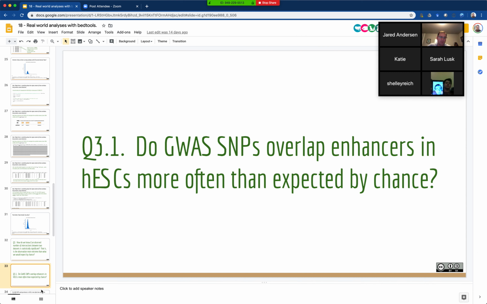So that was kind of a hallmark finding in the big paper from ENCODE a number of years ago. So we're going to try and reproduce that result, essentially.